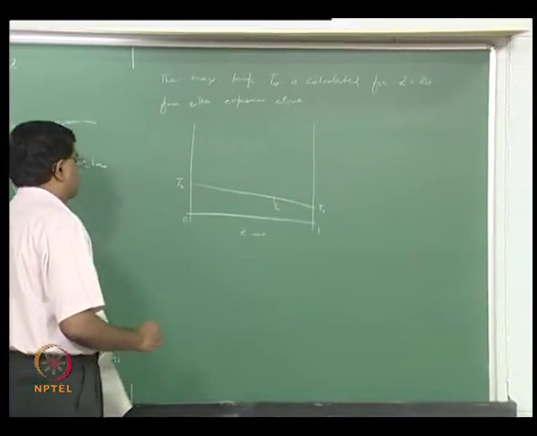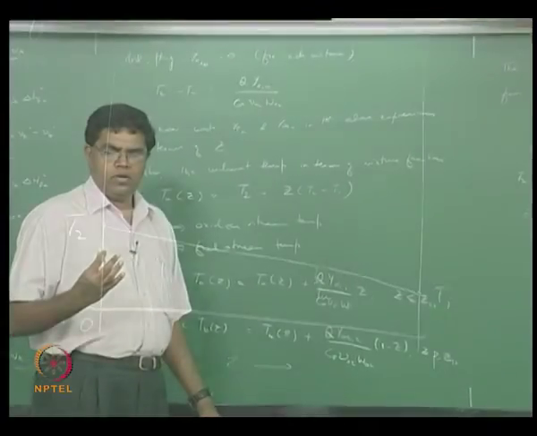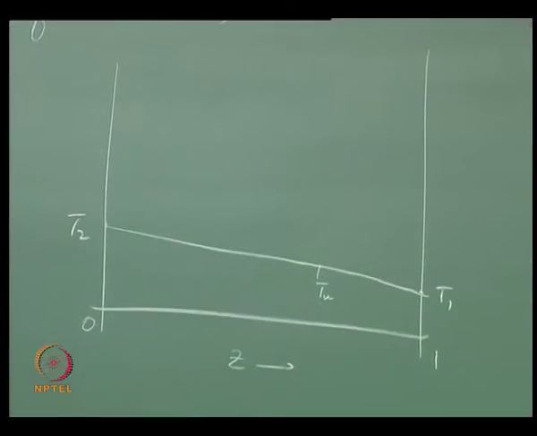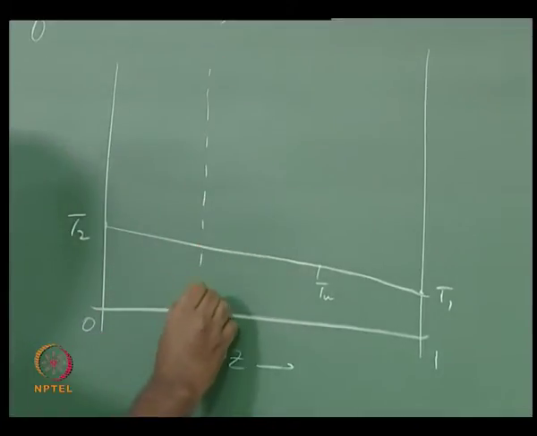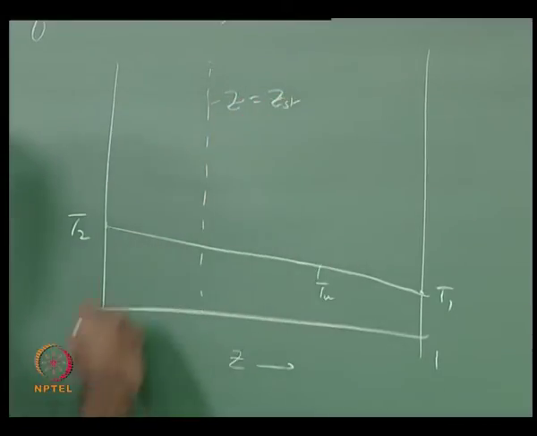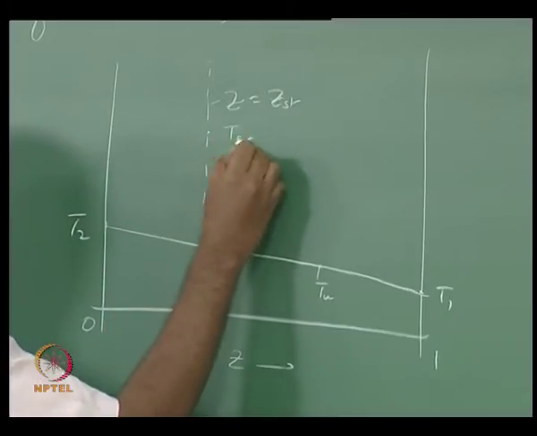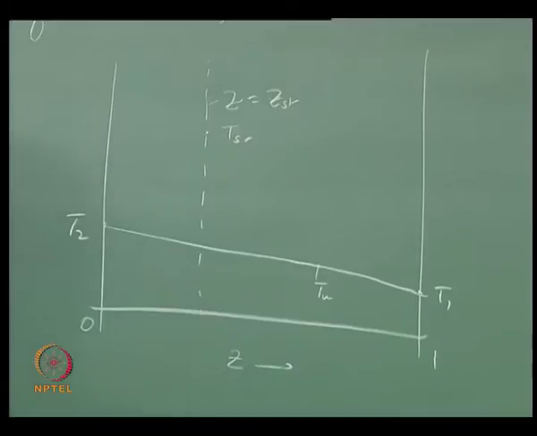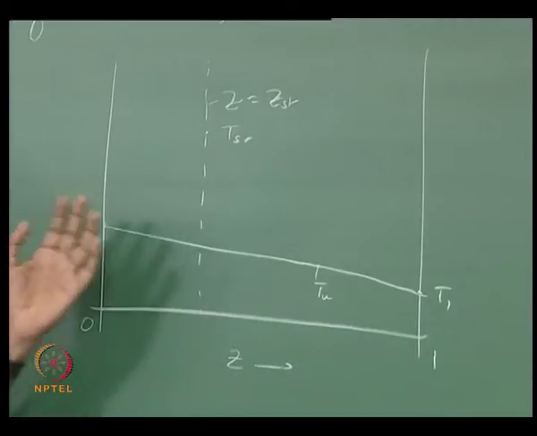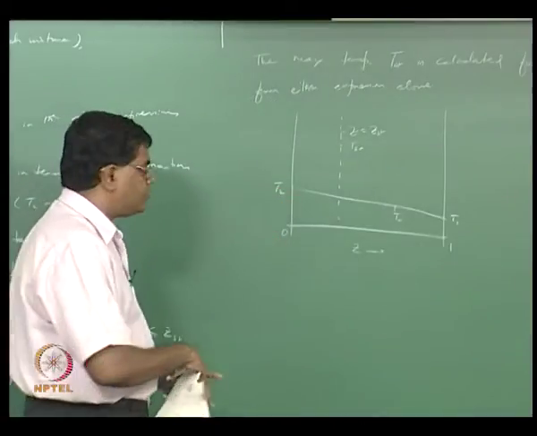As far as burnt temperature is concerned, you have to now worry about whether you're fuel rich or fuel lean, and that means you have to look at where your ZST will be. So if your ZST is here, then the TST is going to be the peak, and on the one side, when you have only oxidizer, you don't have any reactions, you're not having any fuel at all, so you go back to T2.